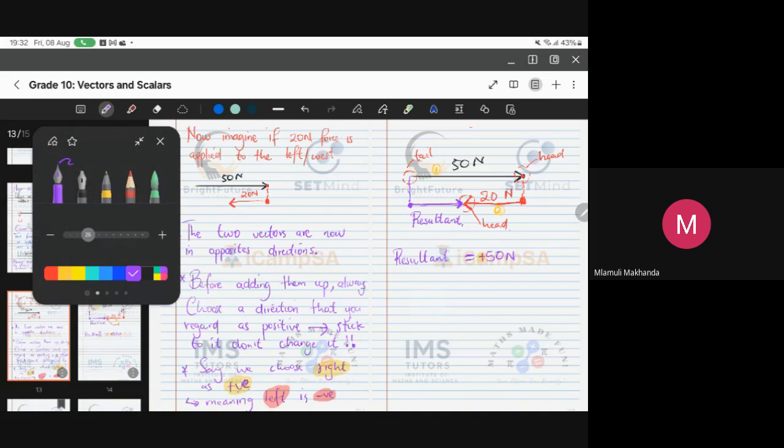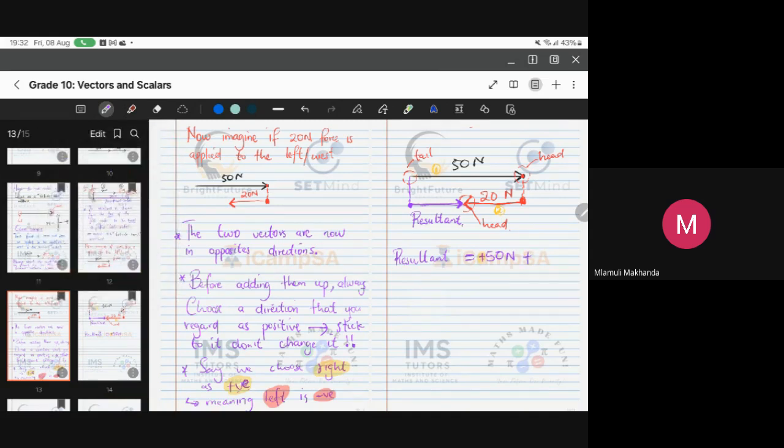So when adding them up, you write plus, then you add up your, remember these are vectors. They have both magnitude, which is 50 N, and direction, which is my positive or negative in this case. So positive, we said is right, negative is left. So minus 20 N, which is my left. All right.